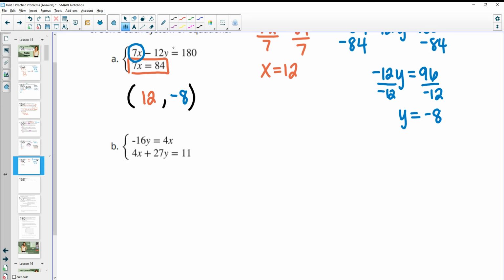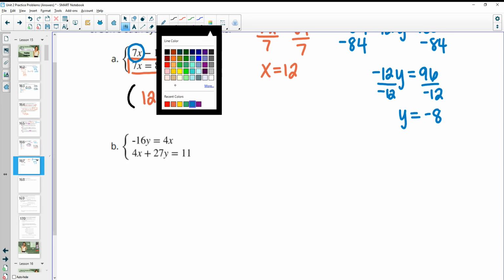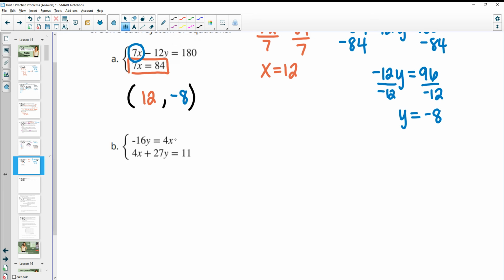Then our second system, you can see that this one is solved for... so it's not solved for x. And the reason I'm looking at the 4x is because I see that there's a 4x here.